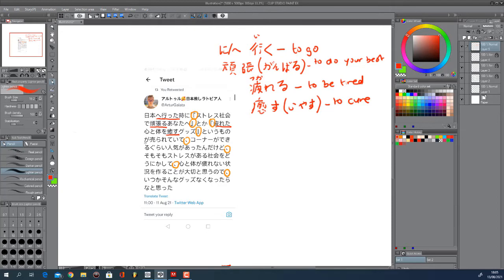というものが売られていて. So in this section we've got our verb here, which is 売られていて, which comes from 売る, which means to sell. 売る, to sell. So here, to sell. Okay, so that's here. Now we've got コーナーができるぐらい人気があったんだけど.